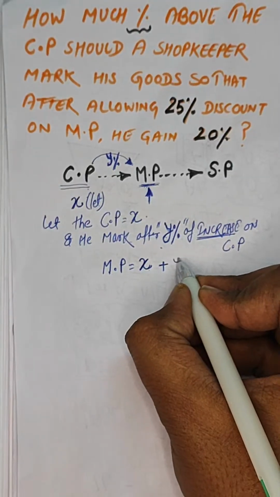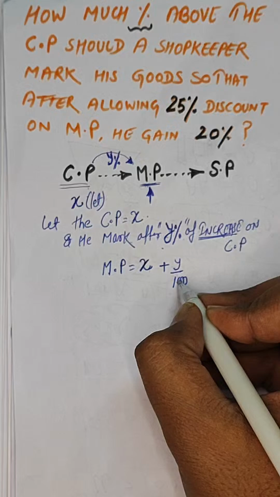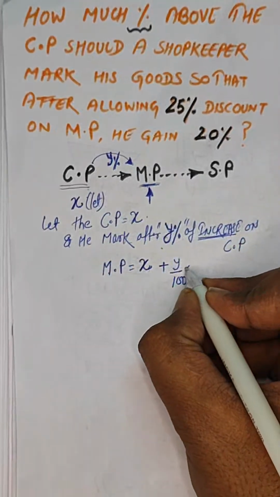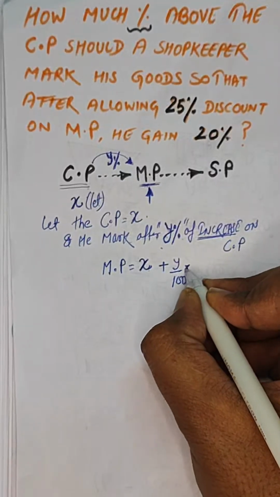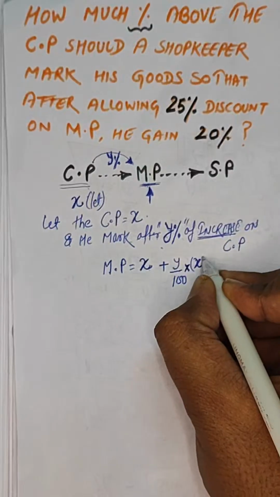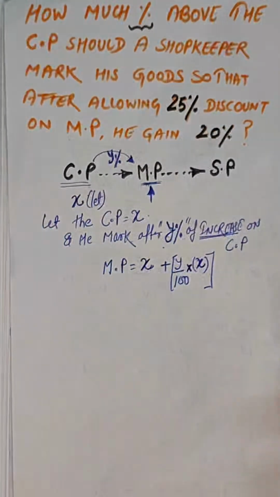So let us assume he increases the cost by Y% of what? Y% of X, because any profit or gain is always calculated on the cost price. So this will be your mark price, my dear friends.